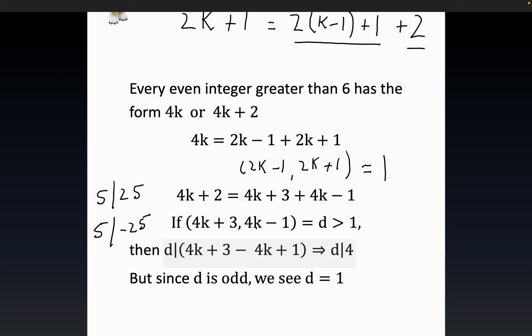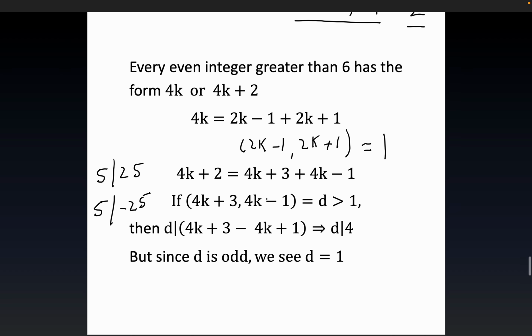And in a similar fashion, we've just shown these two numbers right here, 4k plus 3 and 4k minus 1, are relatively prime. So that takes care of business.